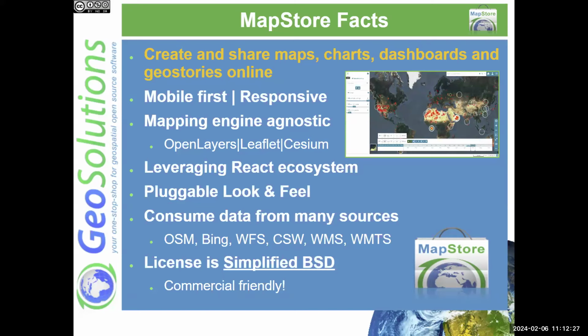And the architecture of MapStore allows you to also implement different map libraries, to extend the functionality inside the core. The whole architecture is based on the React.js ecosystem, so it uses this framework to compose components and the UI itself.